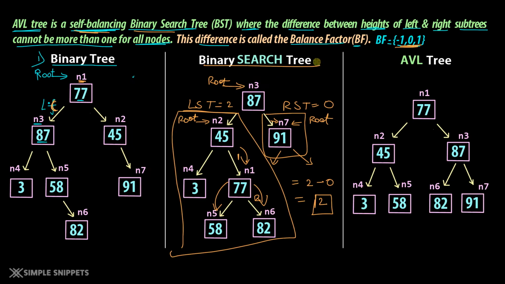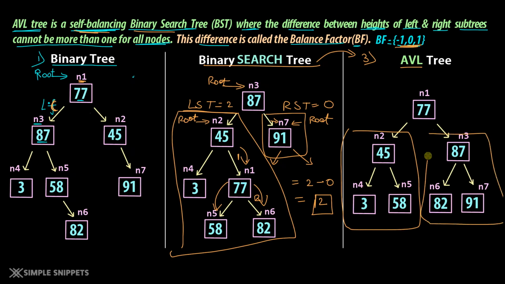Okay. Now taking this forward, as I mentioned, this is the third kind of tree, which is the AVL tree, and these are the same nodes but they are arranged in a different way. Over here if you calculate the balance factor, just by looking at it, this is the left subtree and this is the right subtree for this particular root, and you can see the height of the left subtree is equal to 1 because we have only one hop or one edge on the longest path from this root node till the leaf node.